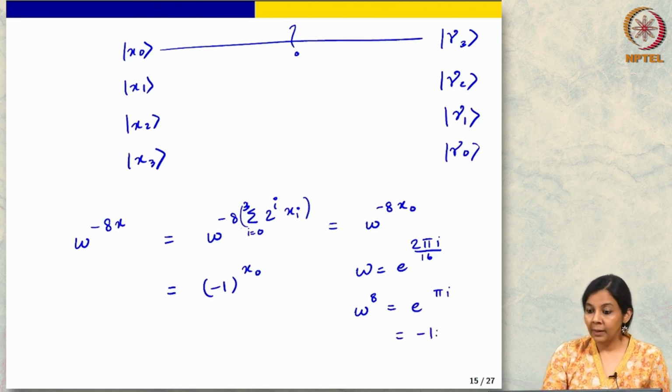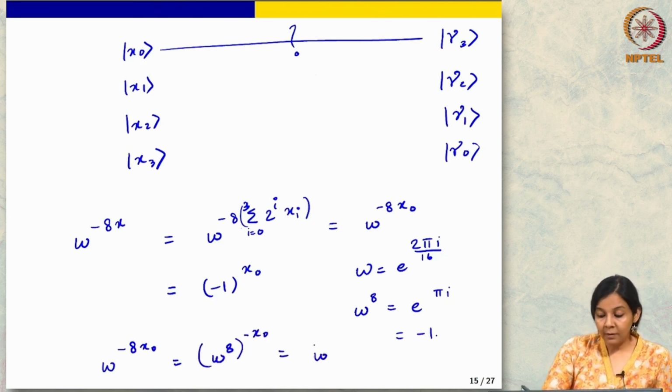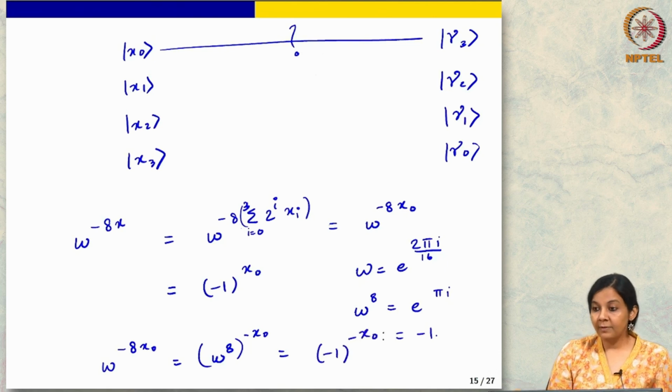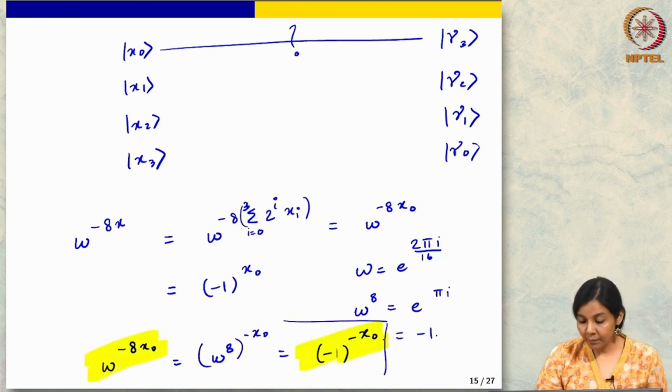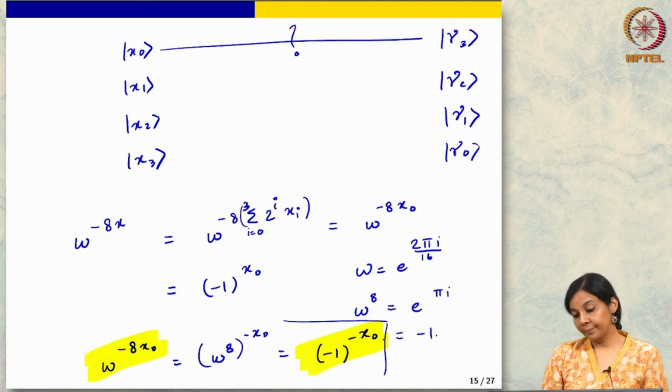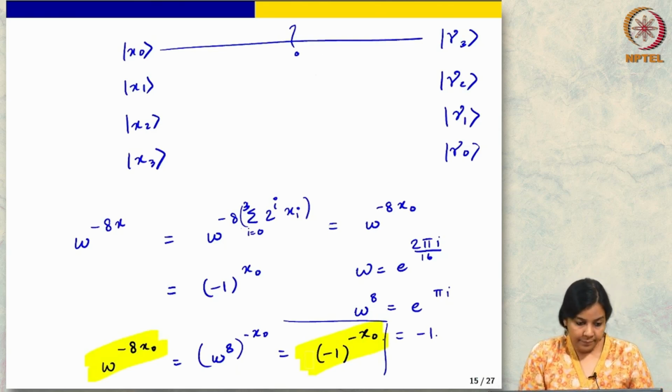So omega to the minus 8 x0 is omega to the 8 to the minus x0, which is minus 1 to the minus x0. Does everyone agree?